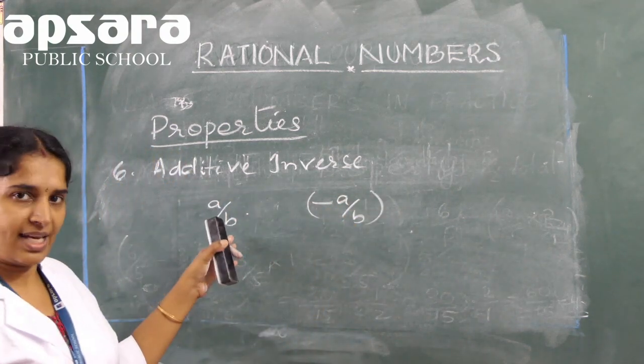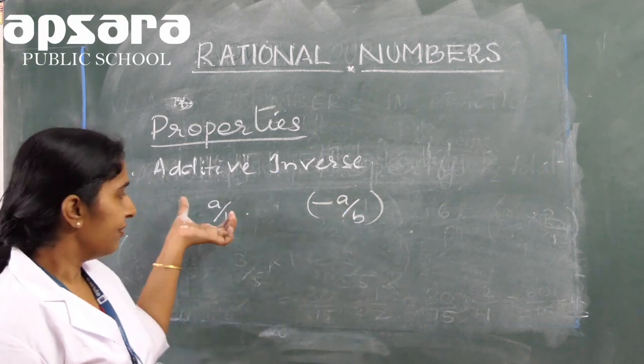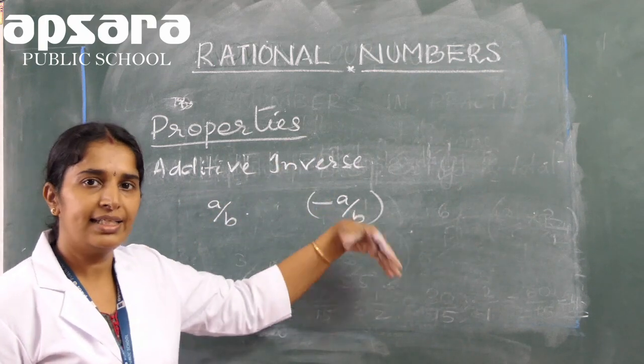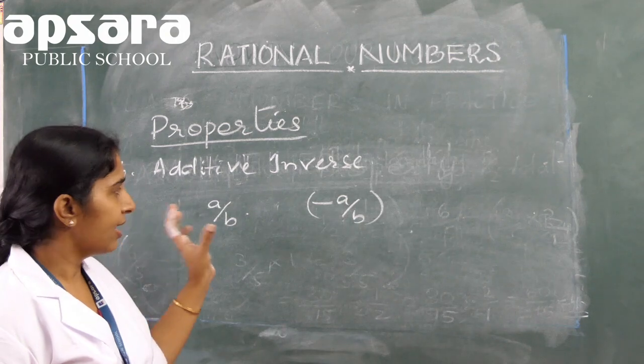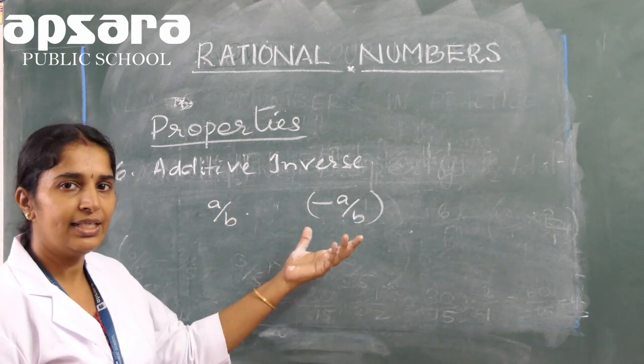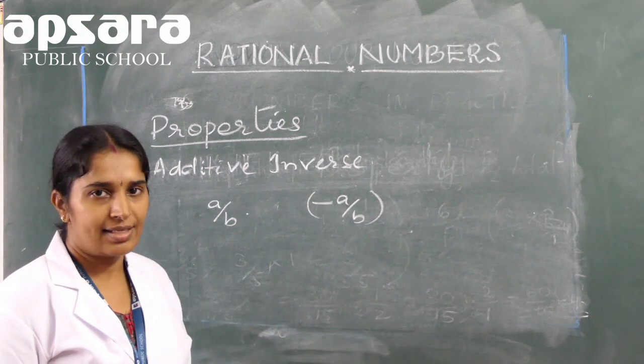When the given rational number is multiplied with minus 1, it gives the additive inverse of that rational number. Or you can say it is the negative of that rational number. Additive inverse is the same as negative of that rational number.